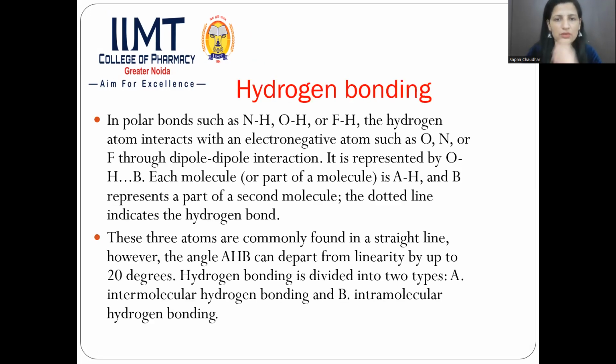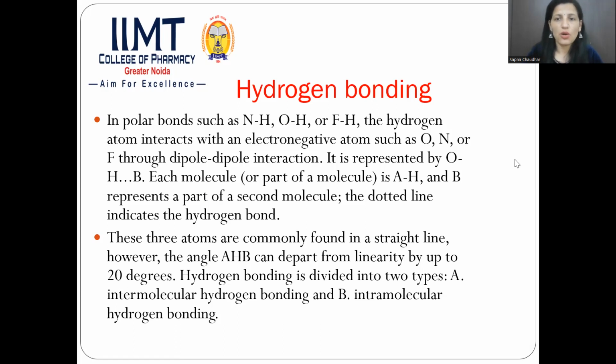Next factor is hydrogen bonding. Hydrogen bonding is simply a special dipole-dipole interaction involving a hydrogen atom in a polar bond, where electronegative atoms such as oxygen, nitrogen or fluorine are present in the compound.